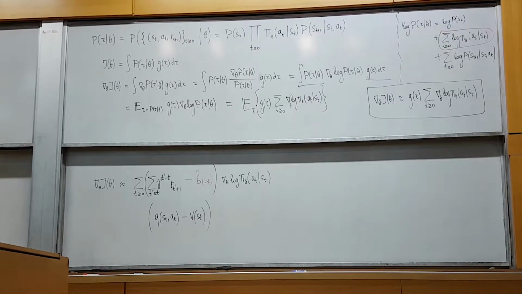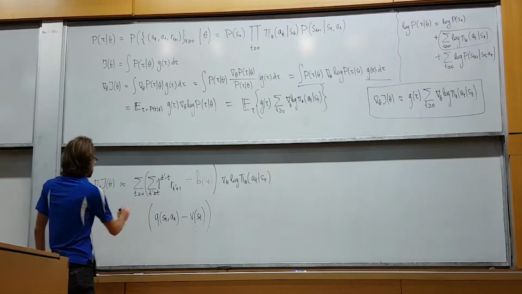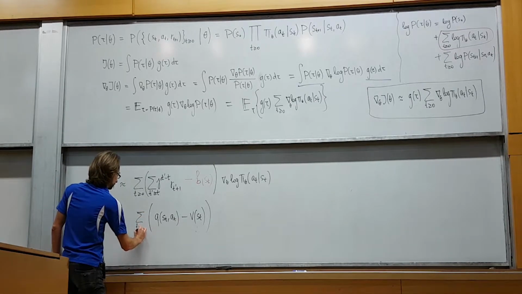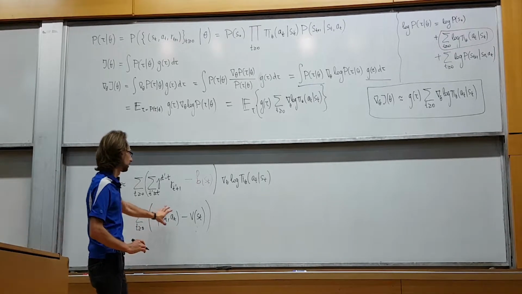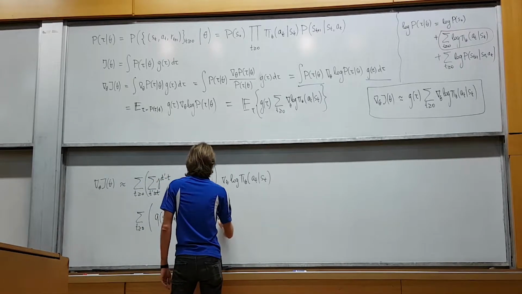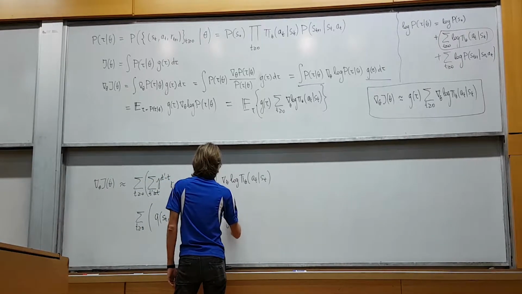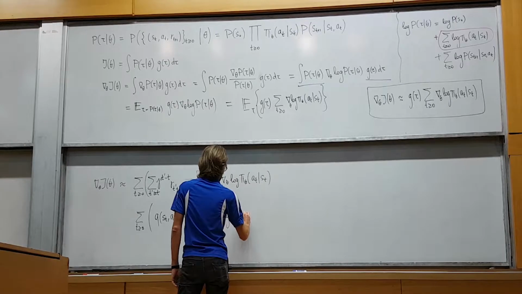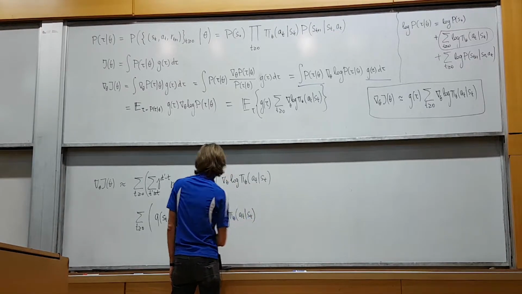Basically it's the difference in return between taking a specific action AT at state S and just the expected return over all possible actions that I can take at that state. So I would like to work with gradients of this form.